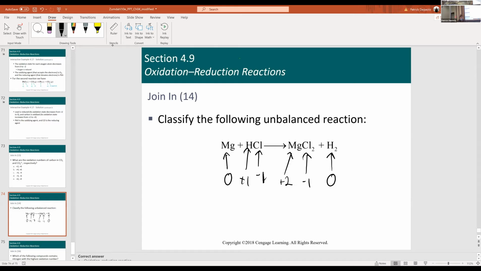All right, so now let's make our comparisons. Magnesium, clearly something's happening. It goes from 0 to +2. What do you think? Oxidized or reduced? Good, oxidized.